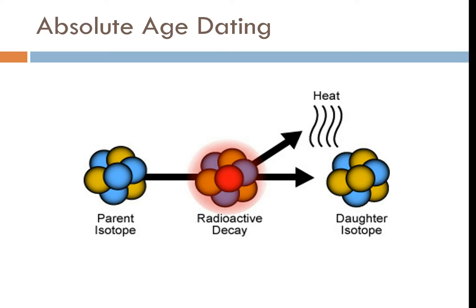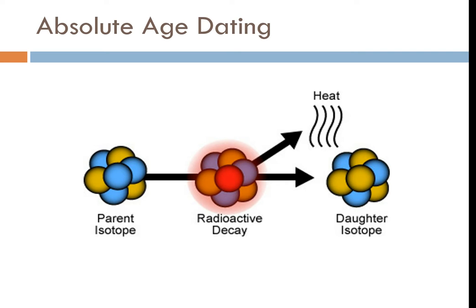All right, so in this case, that unstable isotope we call the parent isotope. That one's unstable. It's too big, it's too heavy, something's going wrong. It undergoes radioactive decay, gives off heat, gives off all sorts of nasty stuff sometimes. And that more stable isotope that you get out of it is called the daughter. So we're going to use that parent and daughter term quite a bit here.